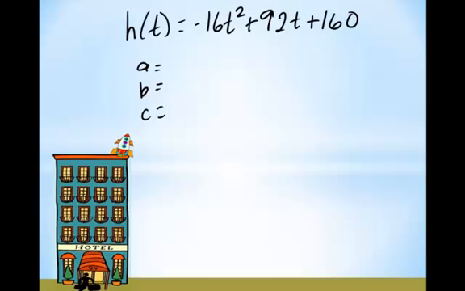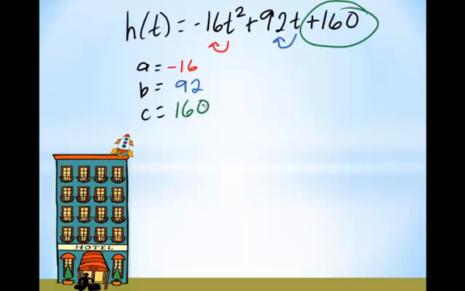To determine the value of a, I look to the left of t squared, and this is negative 16. To identify the value of b, I look to the left of t, which in this case is 92. And last but not least, our last number is 160, and this is our value of c.